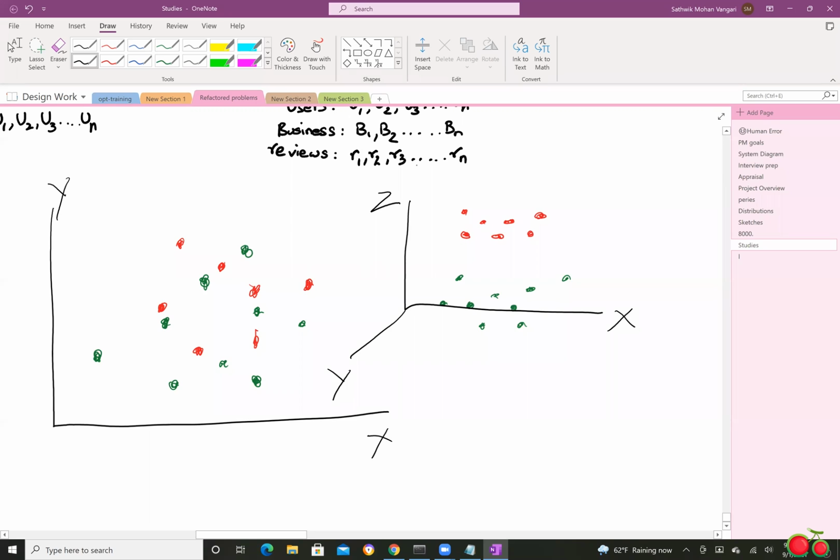If I look from the top, these data points look like they are overlapping each other, the red and green ones, because they are in the same space. So if I look from above, the red and green points can look like they are overlapping.